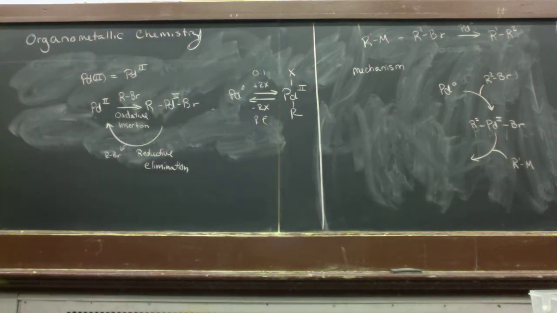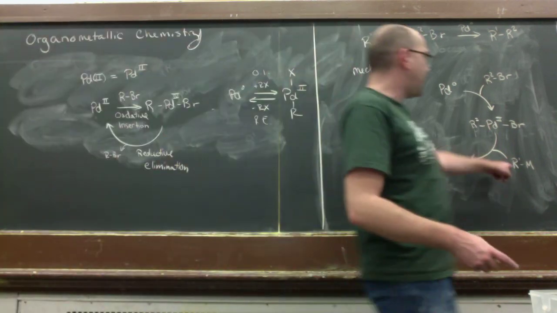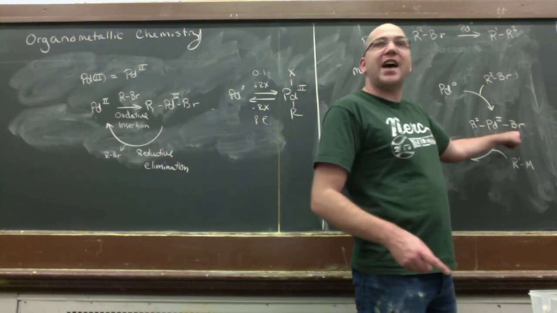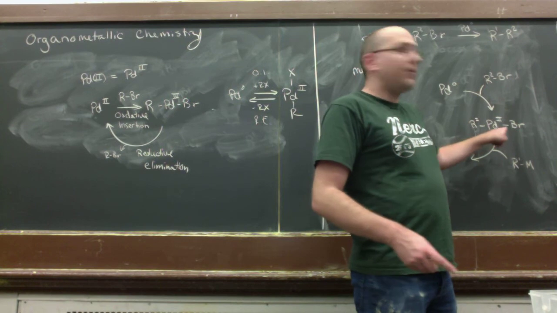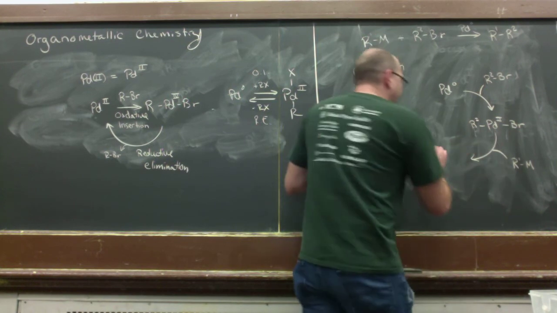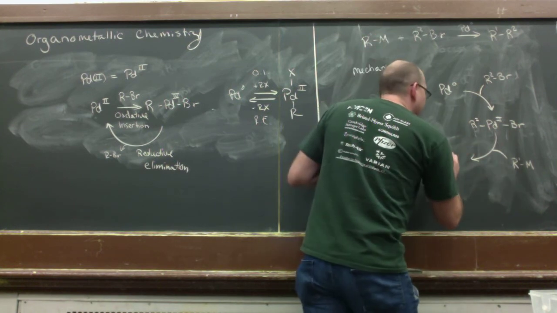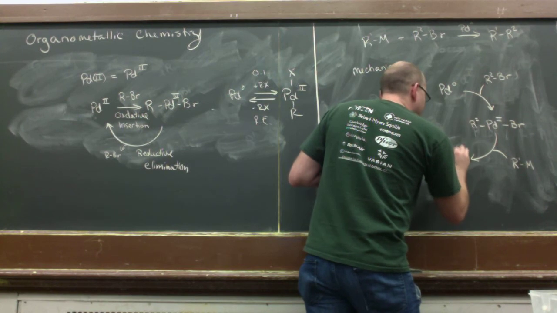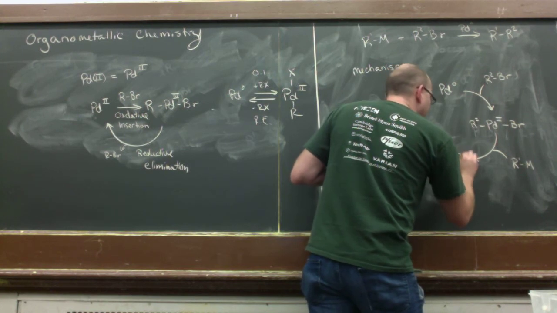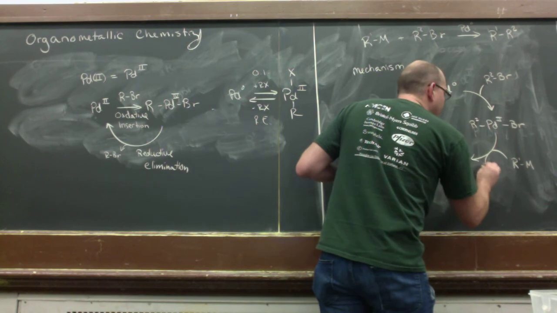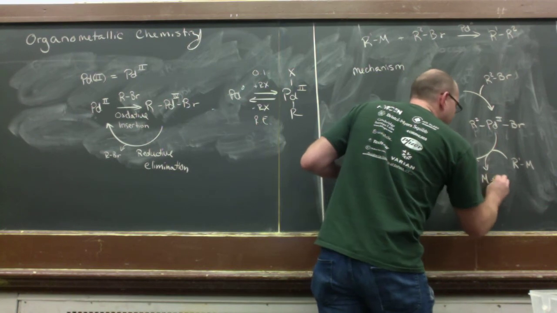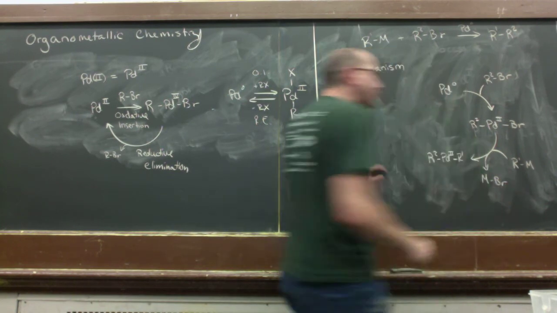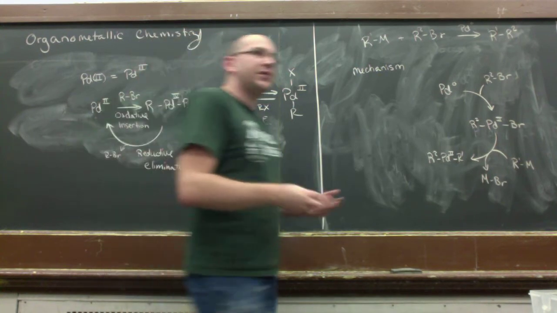Okay? So your R1, as I've shown here, is now going to displace that metal bromide bond. And what you get is this transmetallation.